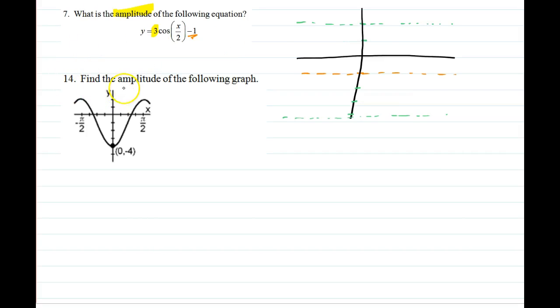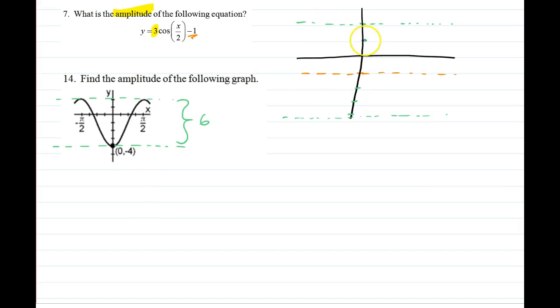So I want to skip to number 14, since it also talks about amplitude. And if we think of the idea of the ceiling, so the ceiling is at 2, and the floor is down here at -4. So the total distance from here to here is 6.